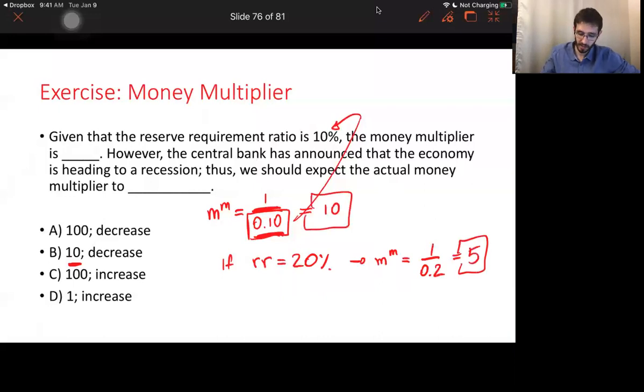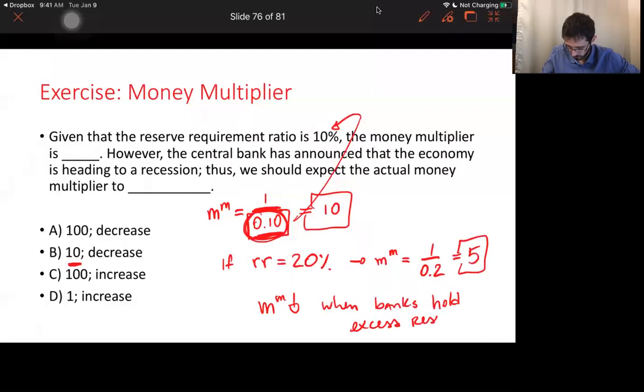You can see that here. By holding more money than banks are required to, they would be lowering the money multiplier. So the money multiplier lowers when banks hold excess reserves, okay? So that's the goal of this exercise.